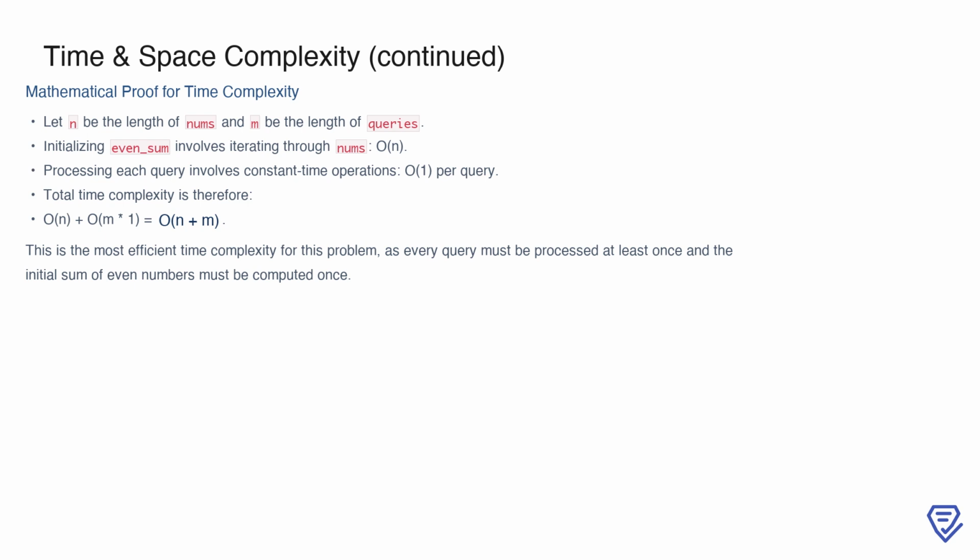Combining these, the total time complexity is n plus m times 1, which simplifies to n plus m. This is the most efficient time complexity achievable for this problem, as every query must be processed individually and the initial sum of even numbers must be computed once. This ensures that the solution is optimal and scales well with both the size of the input array and the number of queries.